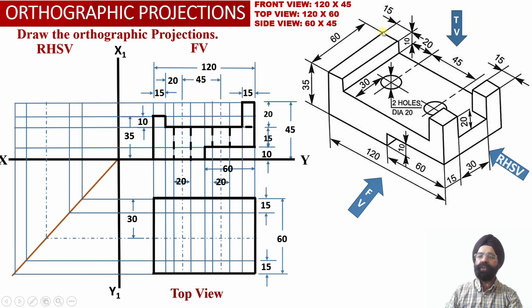Another thing we can observe, corresponding to element number 2, we have already evaluated the width of this vertical web, which happens to be equal to 15 millimeter. So this width we have already marked into the front view projections. So onto this projector line, if we mark an object line projection having depth equal to 60 millimeter, we are able to evaluate the top view true shape projection of this vertical web.